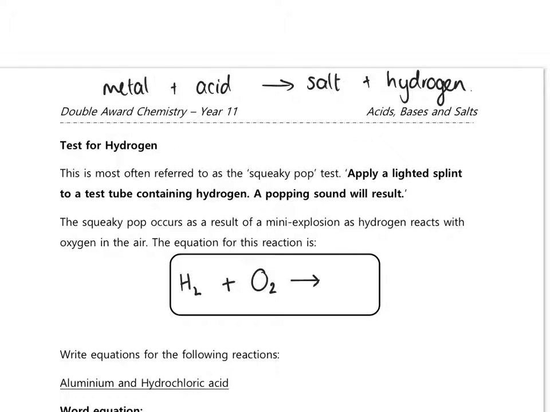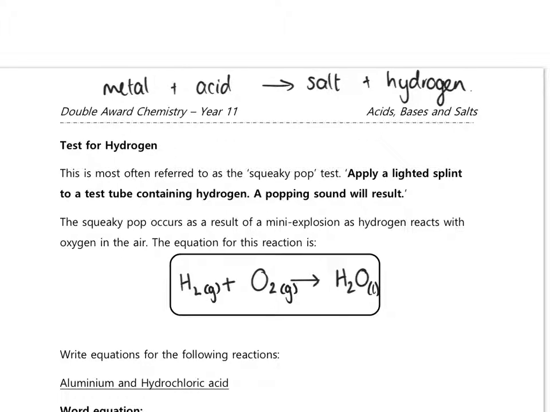And what do we get when we react hydrogen and oxygen? Well, we get water. If we were to include our state symbols, we know that hydrogen is a gas, so that's g. Oxygen is a gas, which is g. And water is a liquid, which is l.